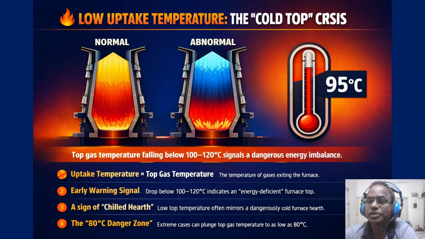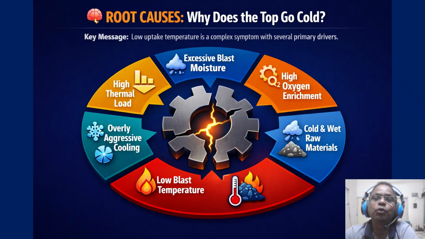So coming to the causes of low top temperature, it is also very essential to know. Now let's see what causes the top to be cold. So this magnetic troubleshooter diagram breaks it down. First, excessive blast moisture.